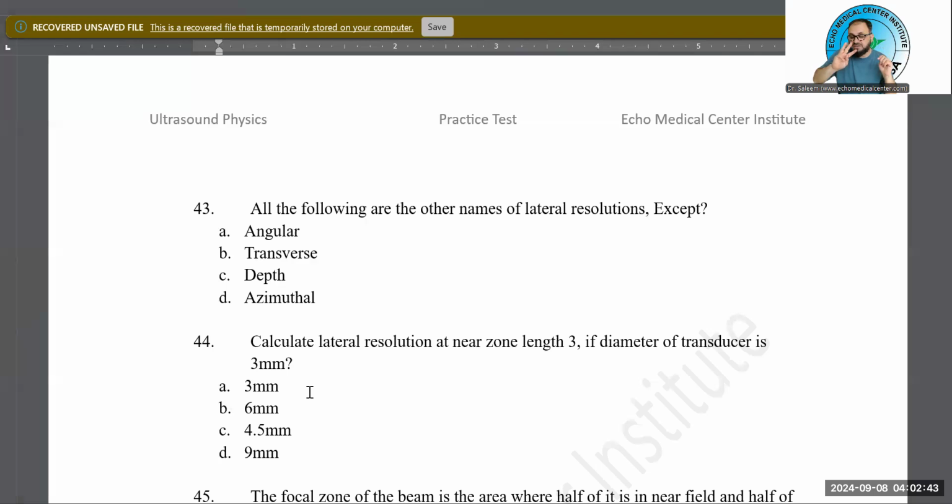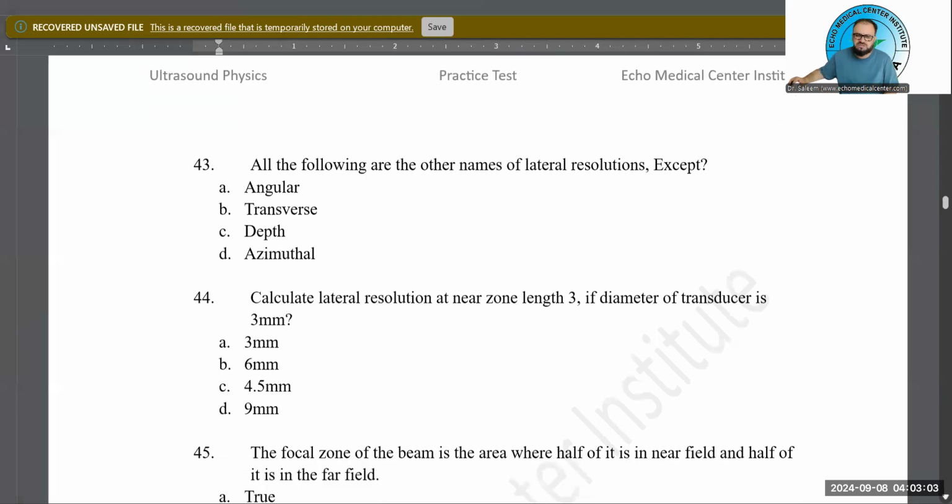Now they're asking about NZL3. Each time we increase by half. So at NZL3, 3 is complete 1, and half of that is 1.5. That is 4.5 millimeter. Correct answer. Let's do the next question.